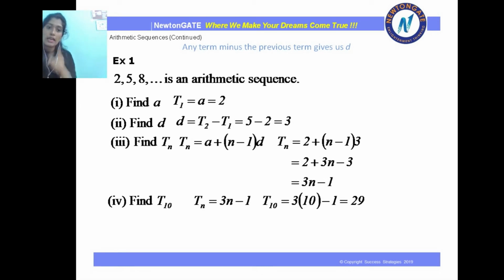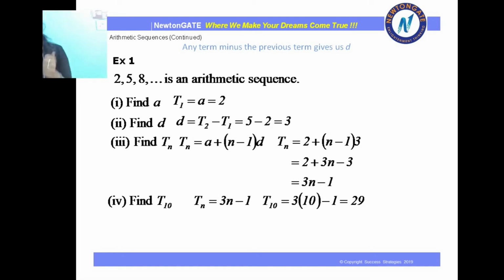In that way, if you subtract, sometimes d will be positive, like in this case, sometimes it can be negative. But do not subtract from greater to smaller just because of elementary mathematics. We have done integers. Integers is done and dusted. So we know that subtraction can be negative as well.